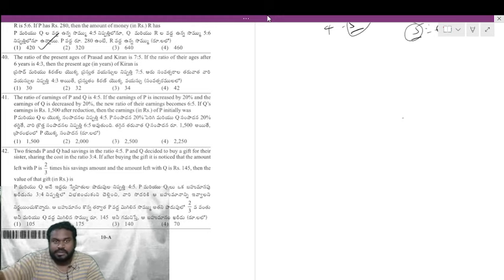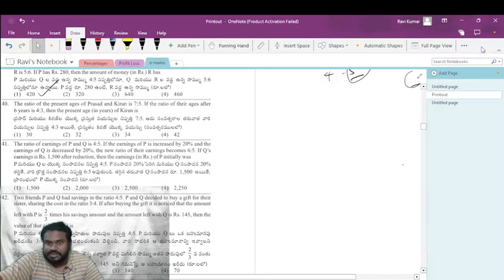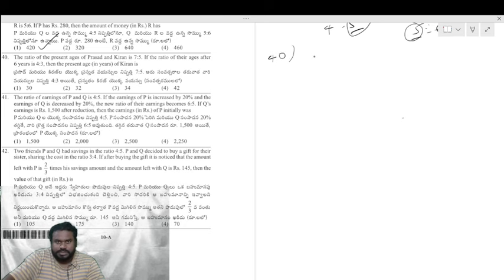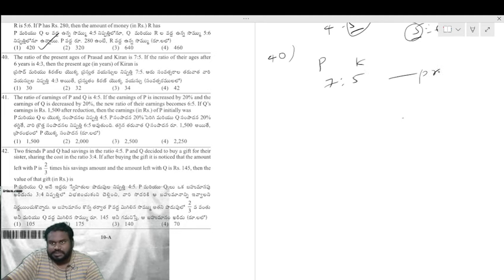Prasad and Kiran, the ratio of present ages is 7 is to 5.